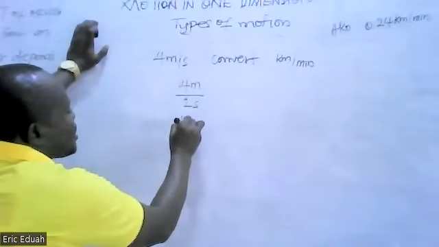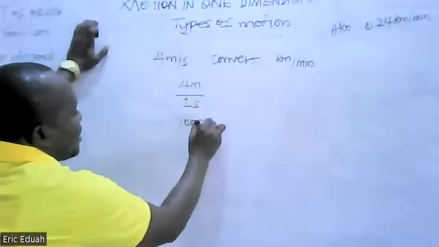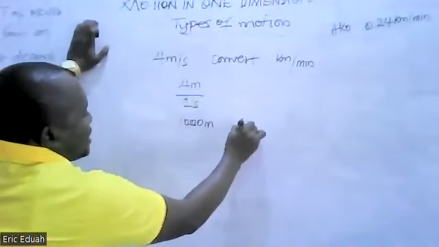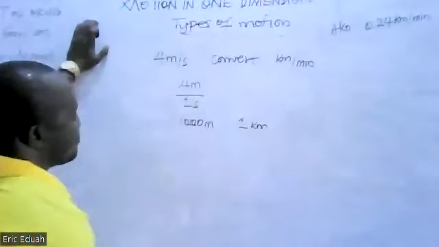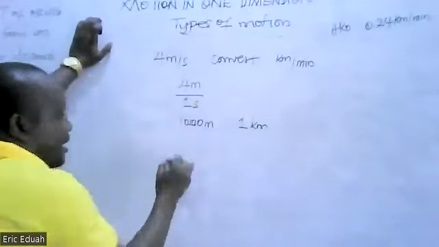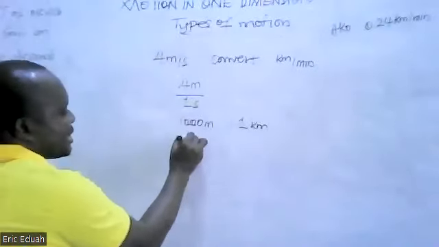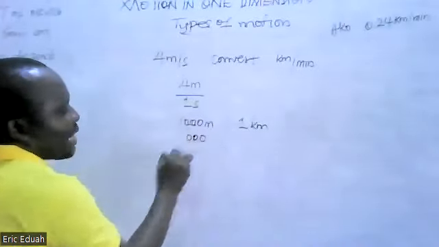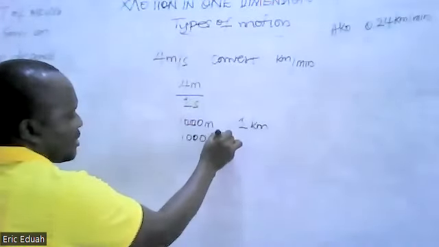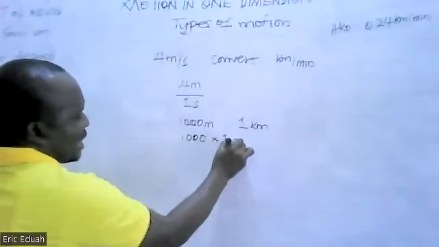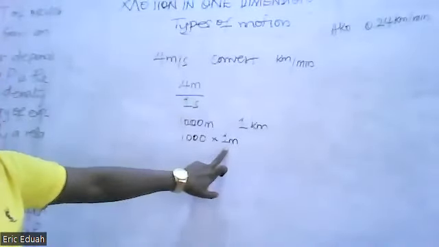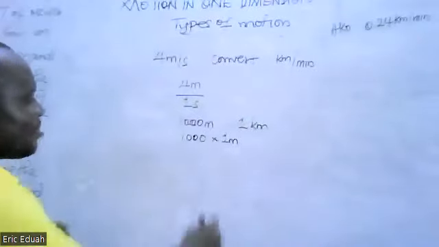But we know 1,000 meters is to 1 kilometer. And 1,000 meters is actually equal to 1,000 times 1 meter, right?